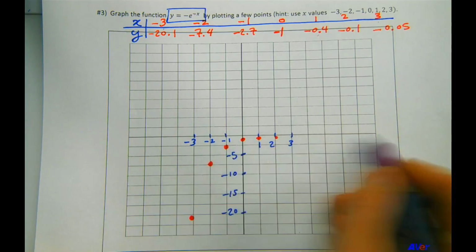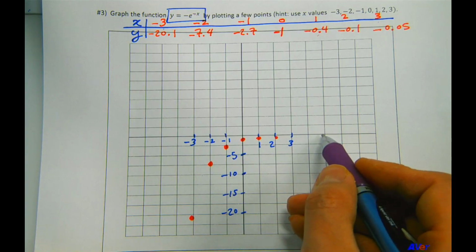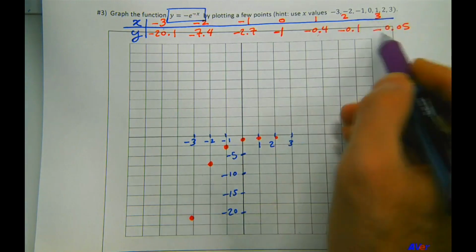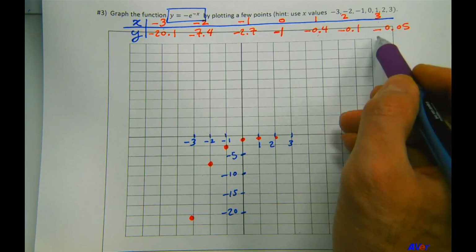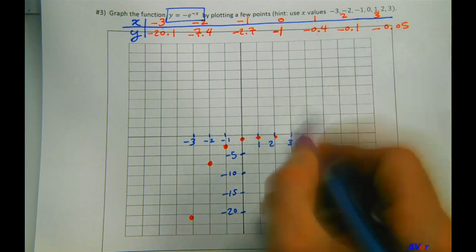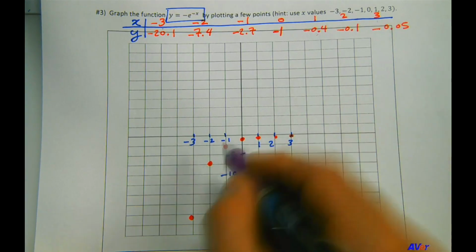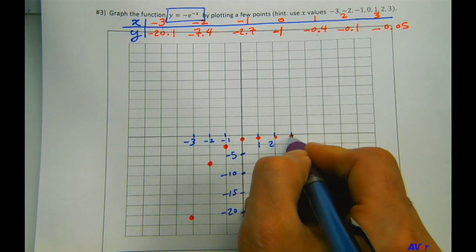So clearly the x-axis is emerging as an asymptote for this function, right? And look at that. 3 is very, very close, because that's almost 0 on the negative side of the y-axis, so it'll be very, very close to the x-axis. So now we have enough points to draw a graph of this function.